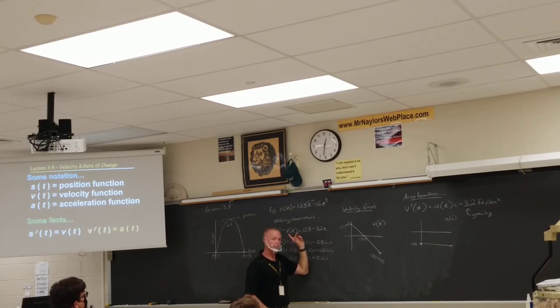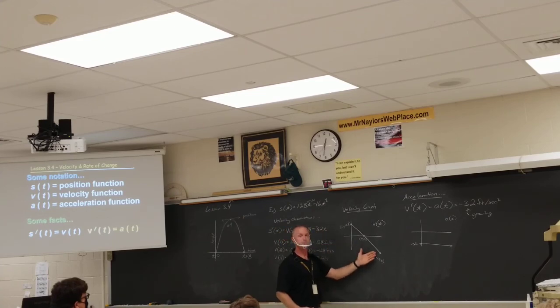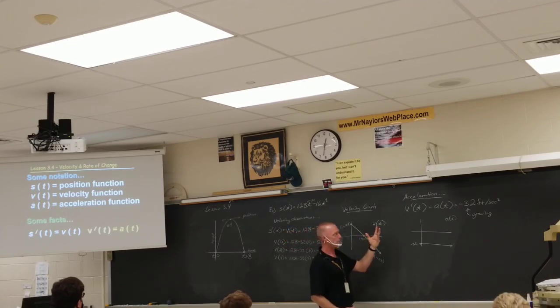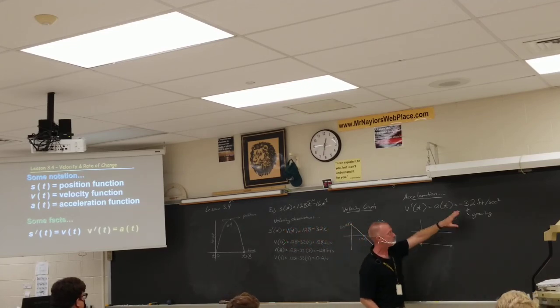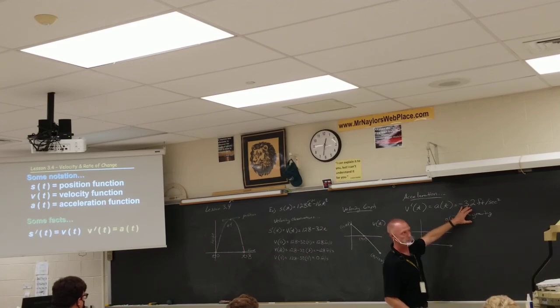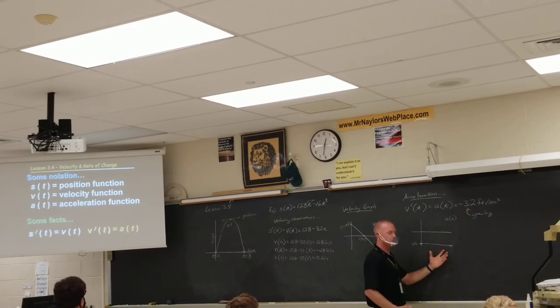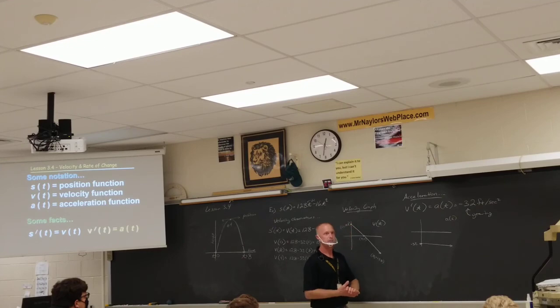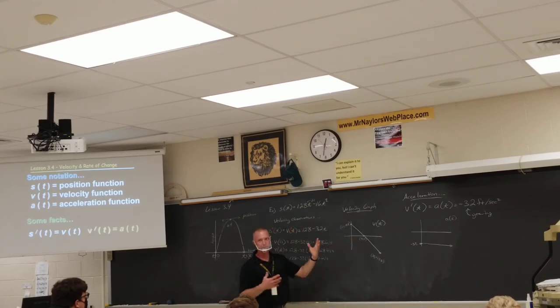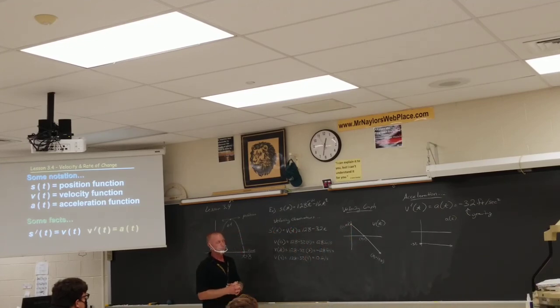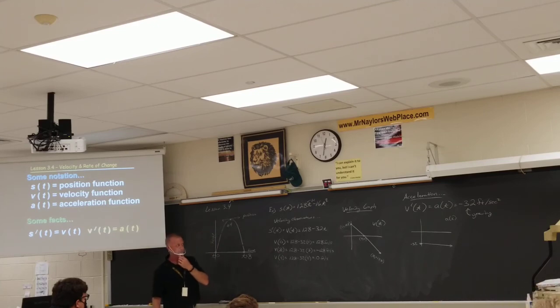It's not a curvy line anymore. It's a straight, diagonal line. But as you continue to do the derivative, your degree, your exponent, keeps going down until we finally get to a constant. Then that line is still a straight line, but it's even less dynamic. It's horizontal.